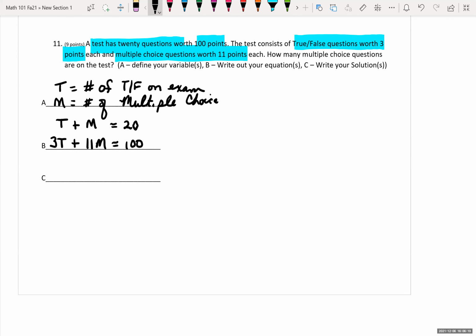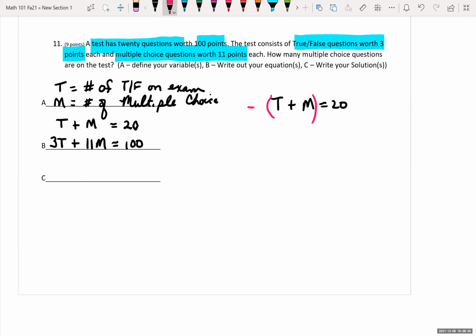So we got our 2 equations and our 2 unknowns. You can choose to use the substitution method or the elimination method. I ended up using the elimination method. Let's multiply this first equation by -3 on both sides.